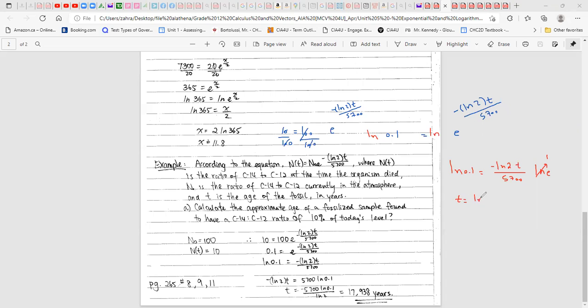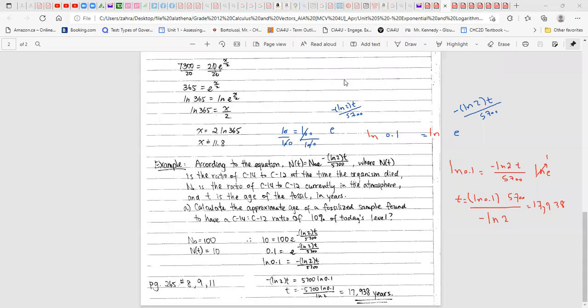So t equals ln 0.1 times 5,700, with 5,700 going to the numerator and negative ln 2 going to the denominator. So you put that in your calculator, and it gives you 17,938 years.